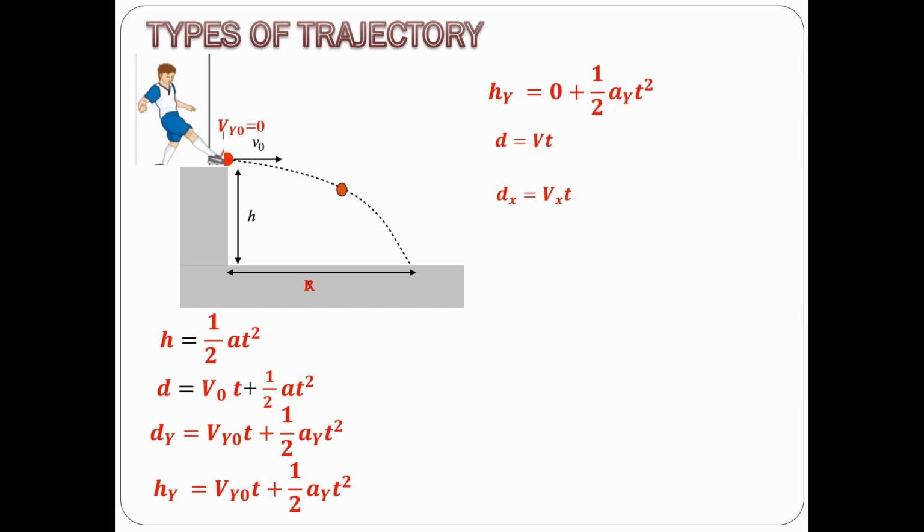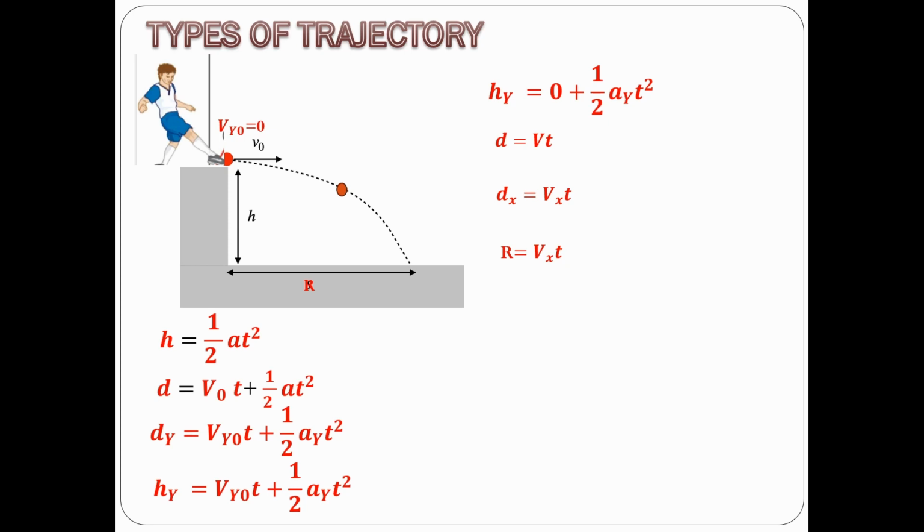Now we will call the displacement in the x direction the range. So the equation will become r is equal to vx t. So these are the two equations that you will need for this type of trajectory.